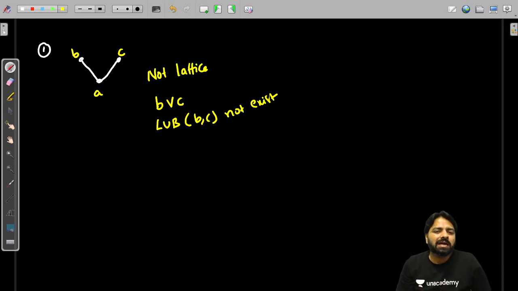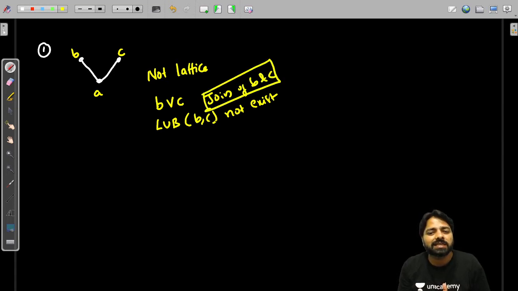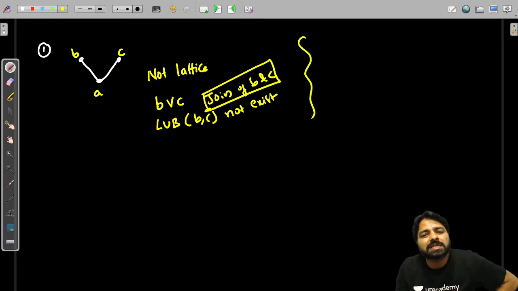As a lattice, every two elements should have a join and meet, so you fail the join. Join of B and C is missing. If they ask in the exam for the reason it is not a lattice, you should answer B comma C.